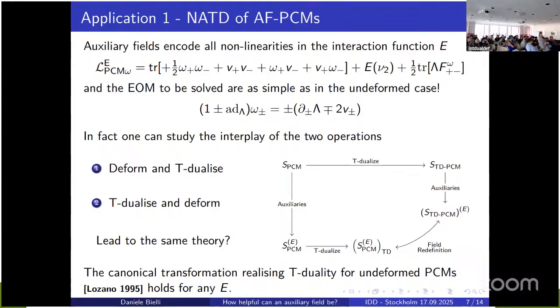Yes, I think they should transform, like the gauge field. Yes, I think they should, because in the dual model, there should still be the invariance under the right transformations. So when you obtain it, you should be able to recover this also for the deformed case. So it is linearly transformed under your group.